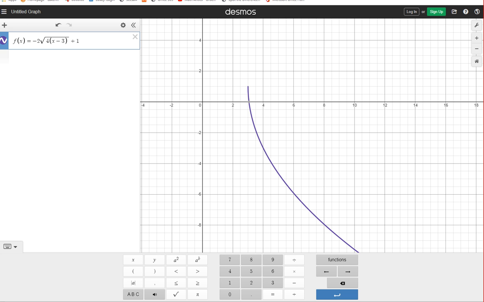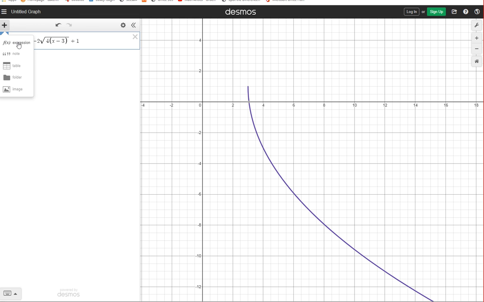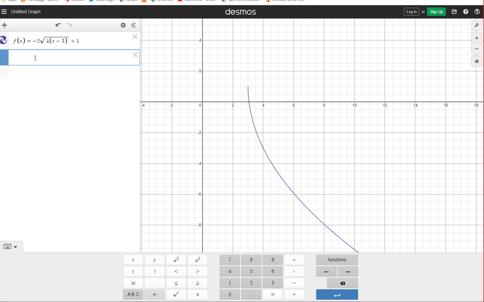Open up Desmos now, and we're going to try a new parent function. Can you just say ready in the chat when you've got Desmos open and you're good to go.